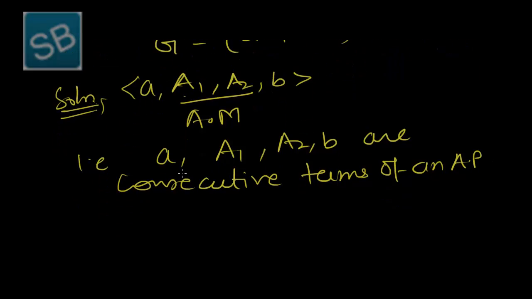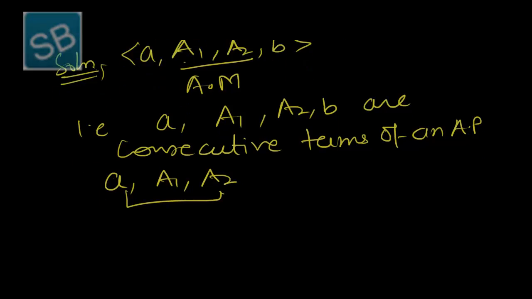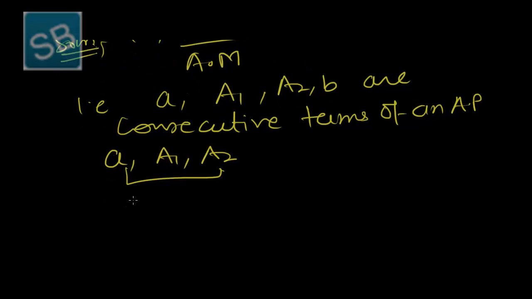If we take the first three terms, that is A, A1 and A2, then A1 is the arithmetic mean between A and A2 and is given by A plus A2 over 2.